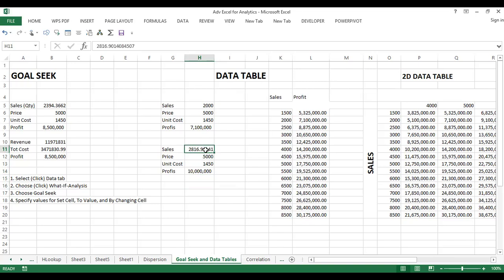What level of sales must we have to achieve this 10 million? 2,817. Thank you. Because this cannot be a fraction actually, right? Now it has calculated and given you a fraction, but you have to approximate it by yourself. So say 2000.